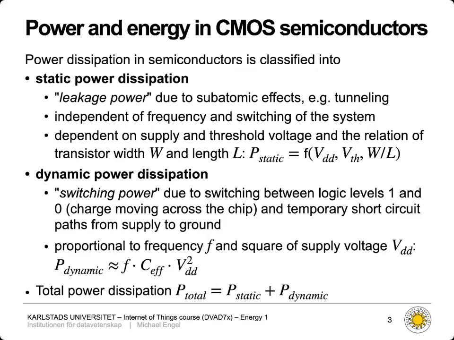These are subatomic effects which are mostly independent of the frequency we operate the circuit on and of the switching, so how often we switch a value from 1 to 0 or back.